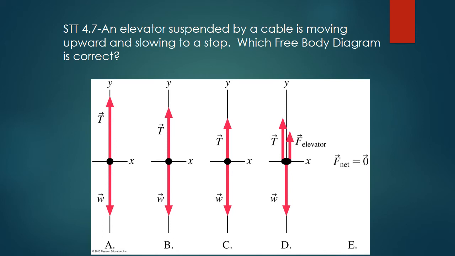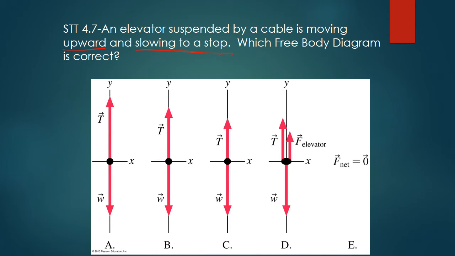The most important thing to know is that the elevator is moving upward, but it is slowing to a stop. Now, the sum of the forces causes acceleration, so I need to figure out what direction the acceleration is. If something is slowing down, we'll remember that that means acceleration is the opposite sign of velocity.